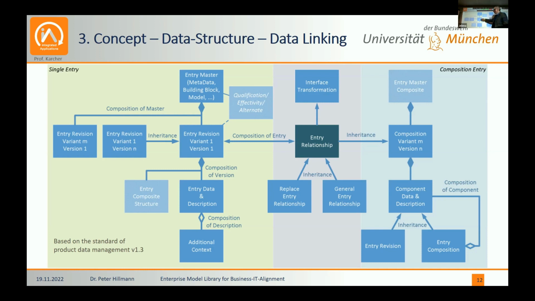And to this element, we can link the different variants and the different versions. And for a specific version and variant, we have the entry itself, describing the data, context, additional things, optional parts, and maybe a composite structure.